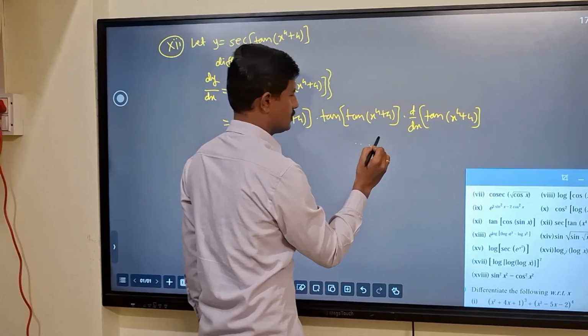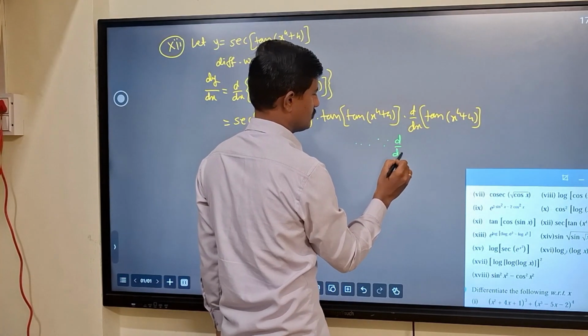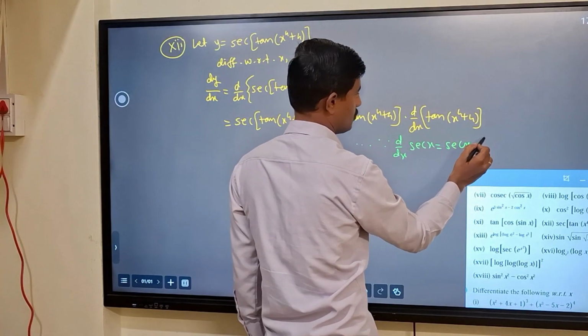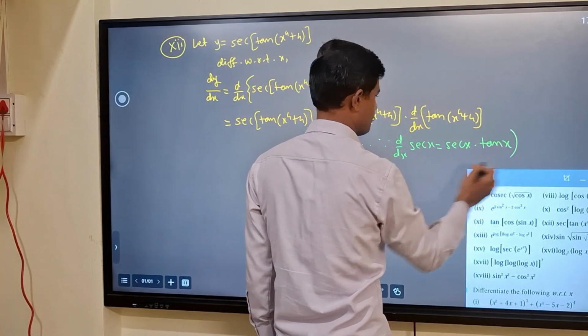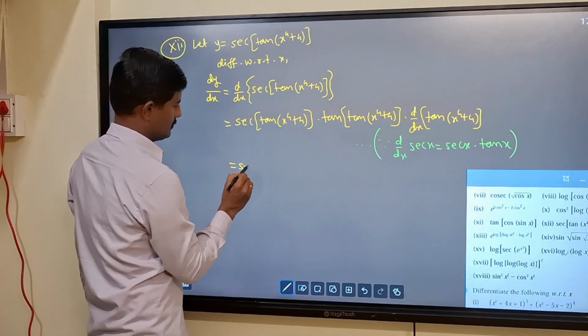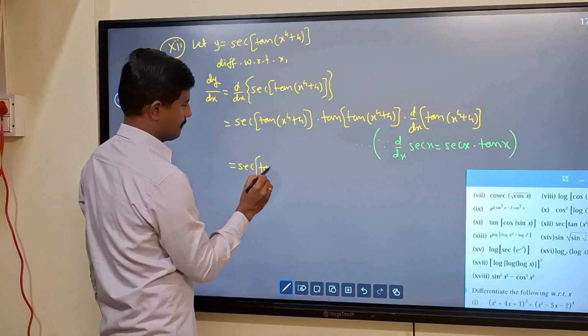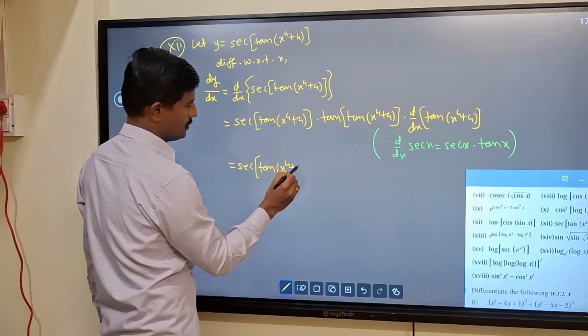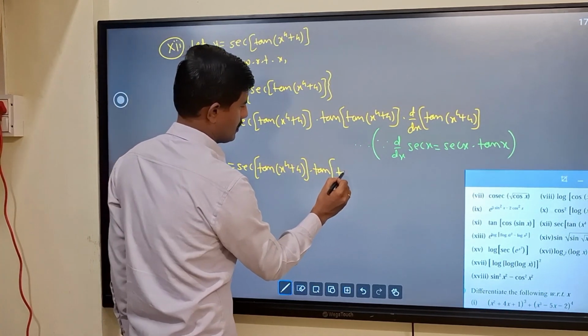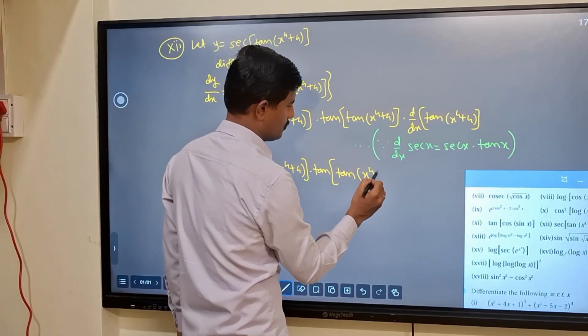Now here we use the formula d/dx of sec x is sec x into tan x. Now next, sec of tan of x raised to 4 plus 4, tan of x raised to 4 plus 4.